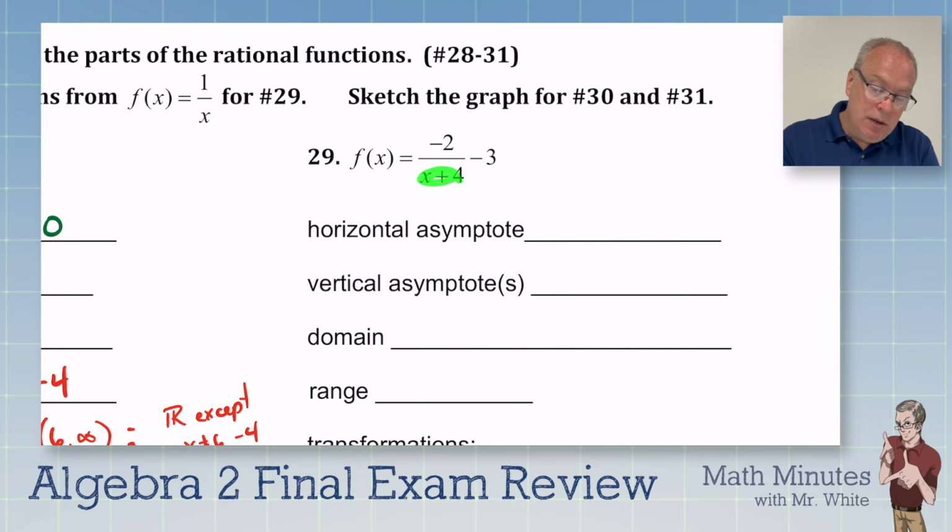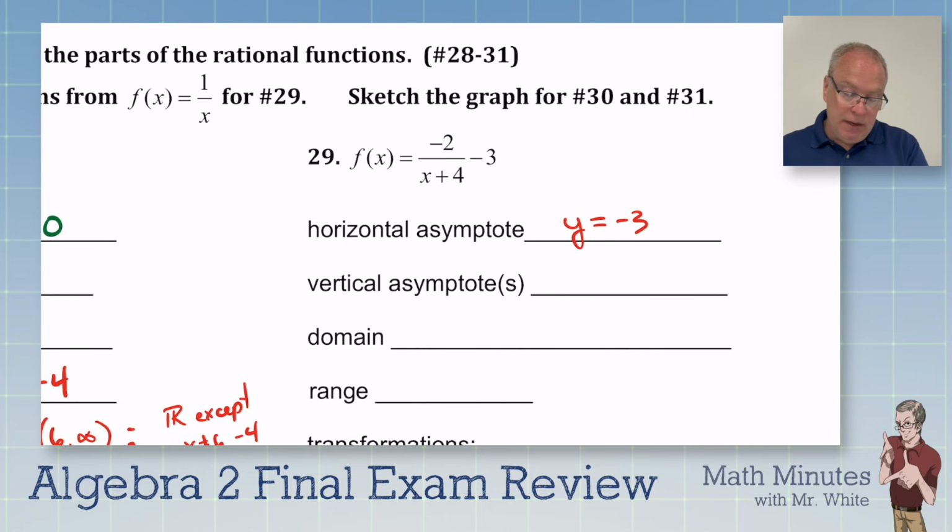Again, you see how the denominator is bigger than the numerator here, but this shifts the entire graph down. That's a downshift by 3, a vertical shift in the negative direction. So y equals negative 3. Instead of being y equals 0, it gets shifted down. We have a vertical asymptote at x equals negative 4.